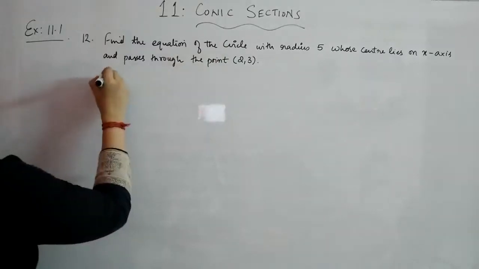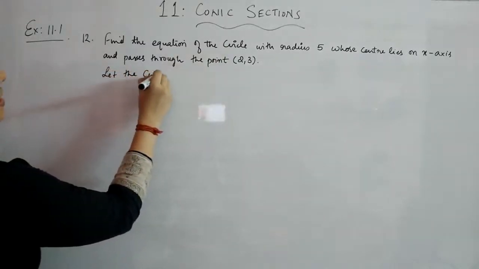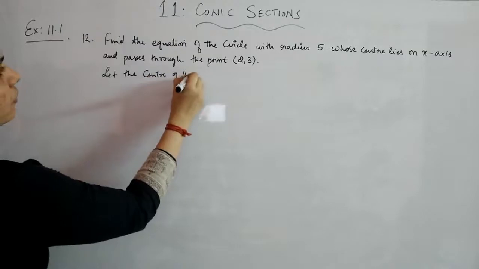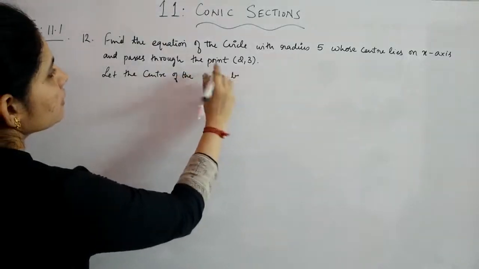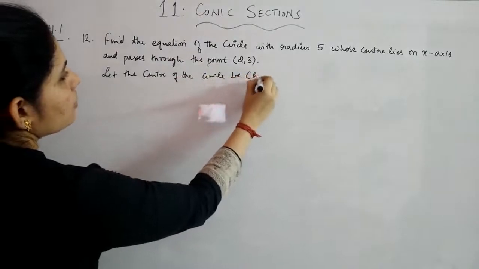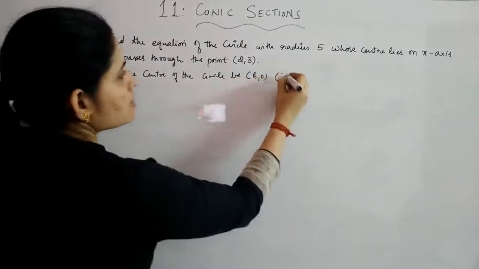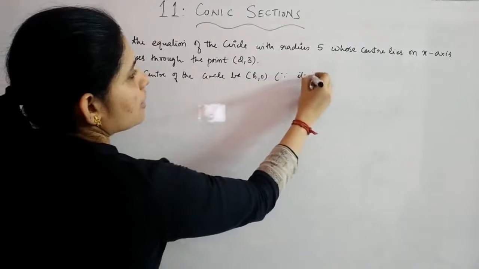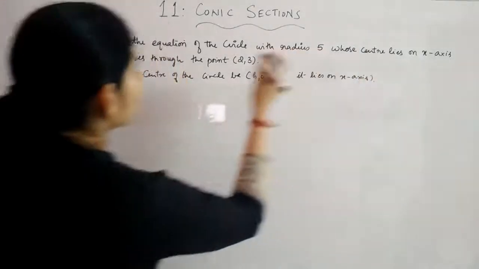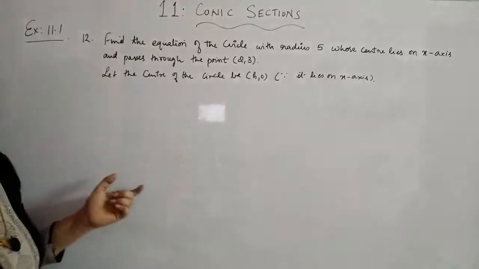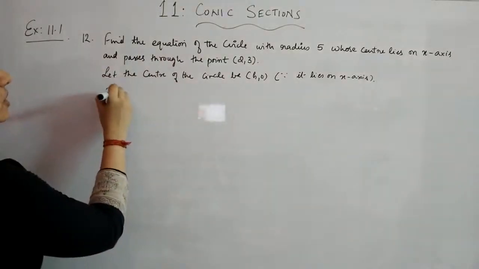Okay, so let the center of the circle be h comma 0. Why? Since it lies on the x-axis. Okay, and radius r is given to be 5. Now we can start with the equation.